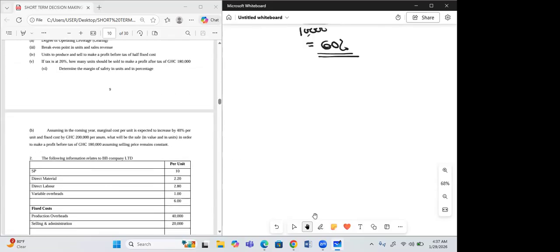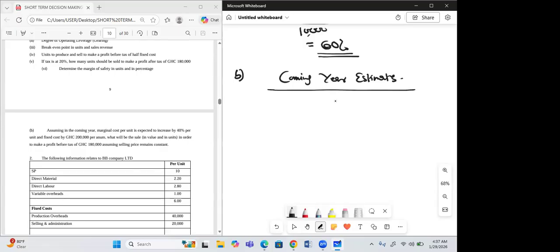They said, assuming in the coming year, marginal cost per unit is expected to increase by 40%. So part B: in the coming year, marginal cost per unit will increase by 40%.